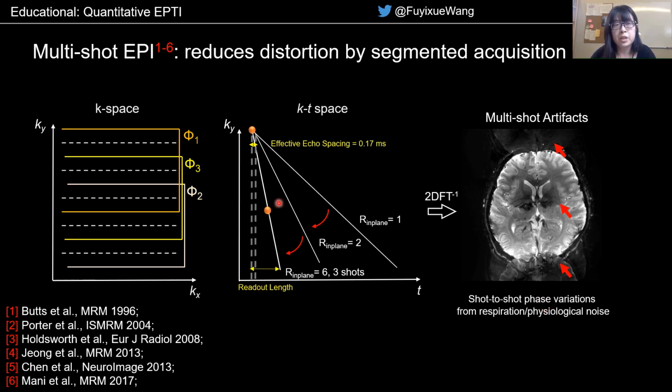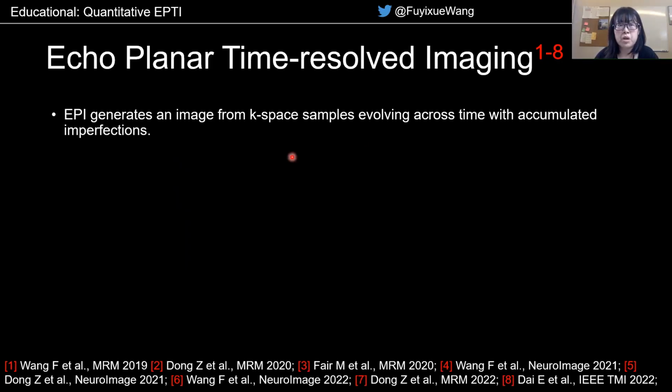And now we know that the general idea is that if we can get a steeper and steeper line in the KT space, we can get less and less distortion and blurring. To quickly summarize, EPI has distortion and blurring because it generates an image from K-space samples evolving across time with accumulated imperfections. Parallel imaging or multi-shot acquisition can mitigate these problems but cannot fully address them.